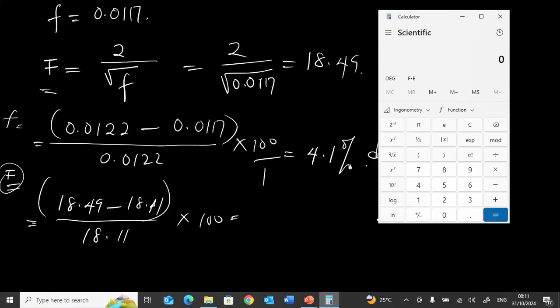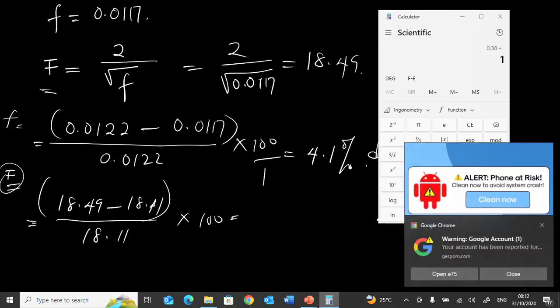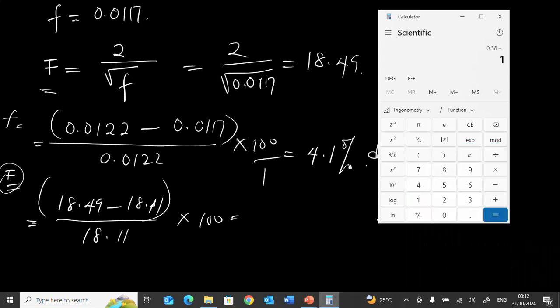We have 18.49 minus 18.11 divided by 18.11 times 100%.